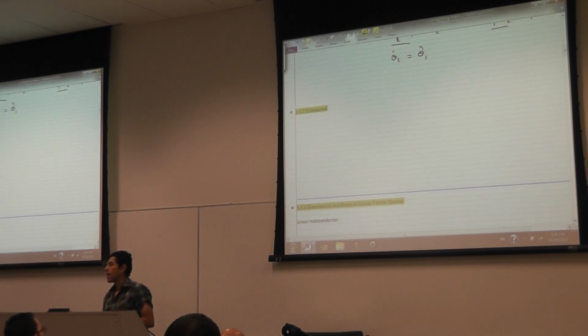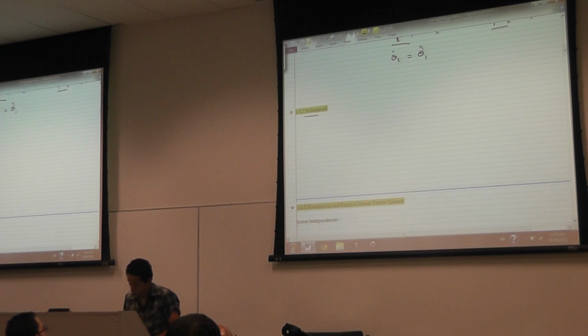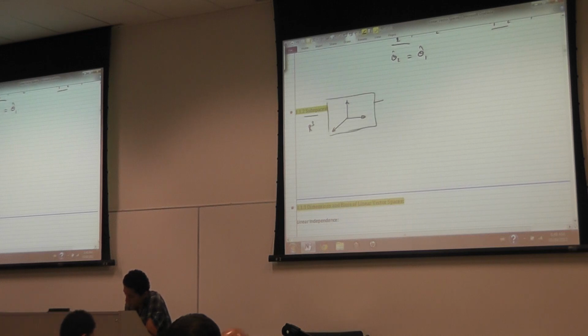So far, we have defined what a linear vector space is. The next thing is we're going to define what a subspace is. So, for example, if you have R3, you can look at a plane that is a subspace of R3.